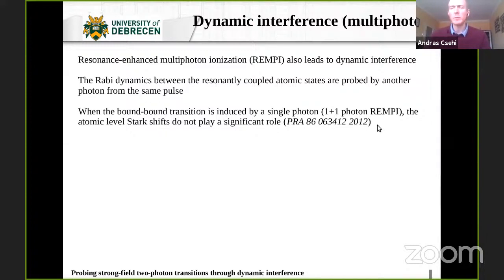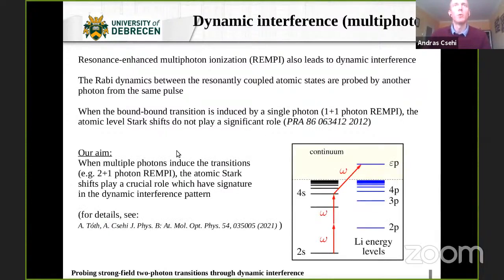So here we want to focus on situations when the Stark shift of the energy levels plays an important role. We want to study a process like the 2+1 photon Rampey process, where the Stark shifts play a crucial role.